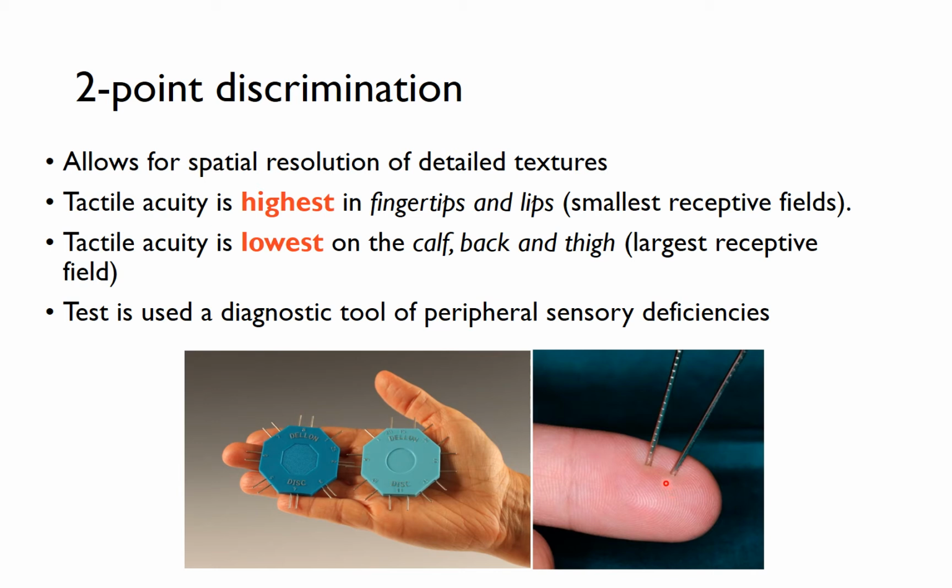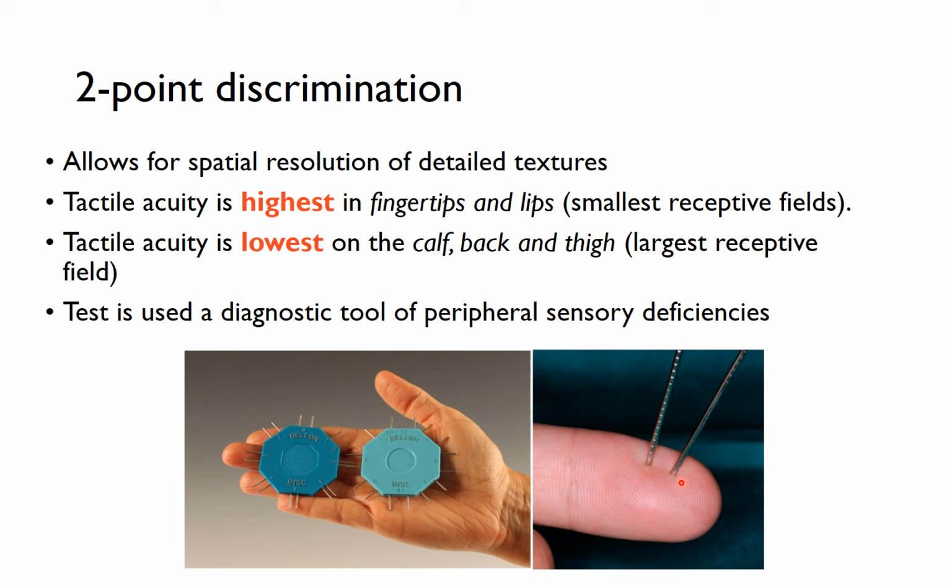If you are touching a single receptive field, say hypothetically these two prongs on this finger are touching one receptive field, then the person would only feel one prong. And if they are touching two different receptive fields, then they would feel two prongs.